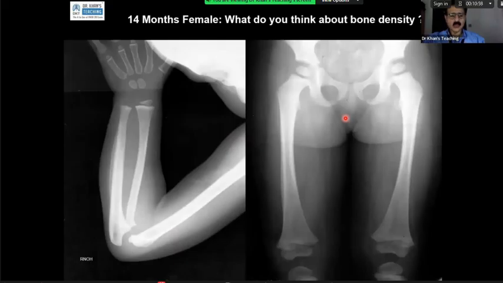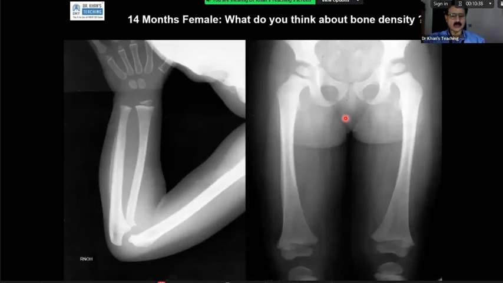Excellent. So we have a case with generalized increased bone density, number one. And number two, periosteal reaction at two different locations along the diaphysis. What do you think can be the cause? And look at the age, it is 14 months old.